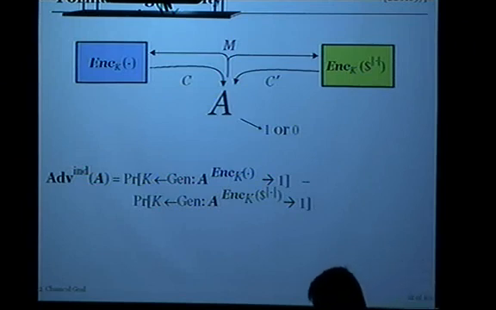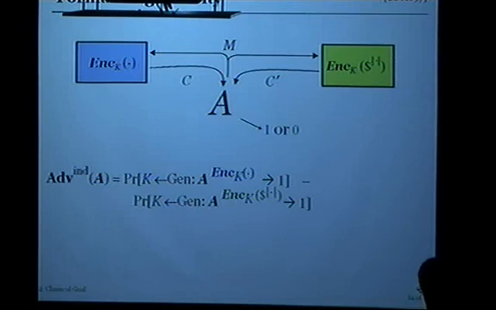The interpretation I'll always intend in this mapping is that the adversary is doing a great job if it gets a big number, like 1. 1 would mean the adversary is doing wonderfully. And the adversary is doing a lousy job if the number it gets is small, like close to 0. Actually, in this definition, I associate my adversary's advantage not with 0 to 1, but rather negative 1 to 1.